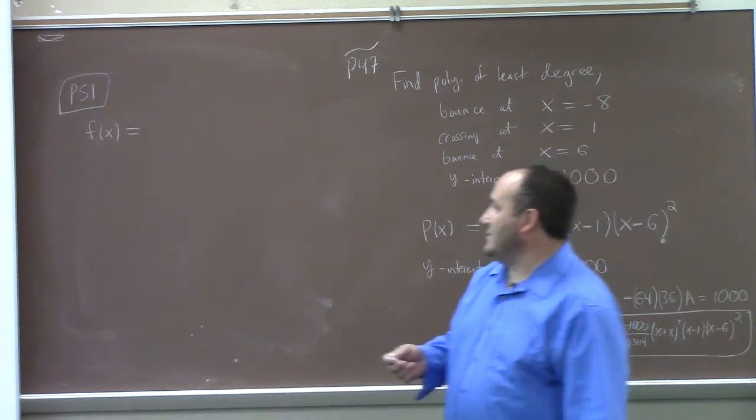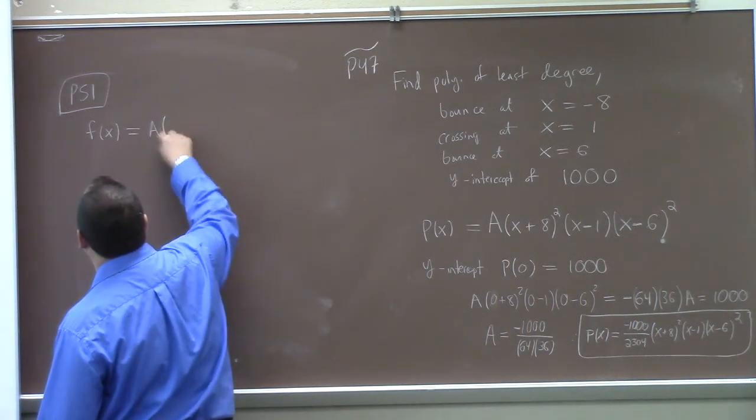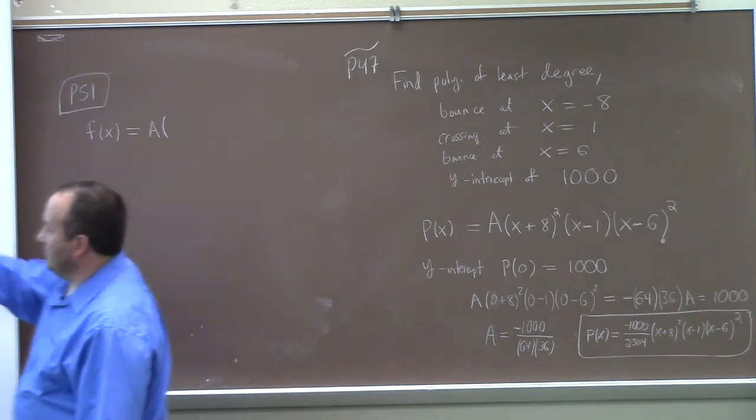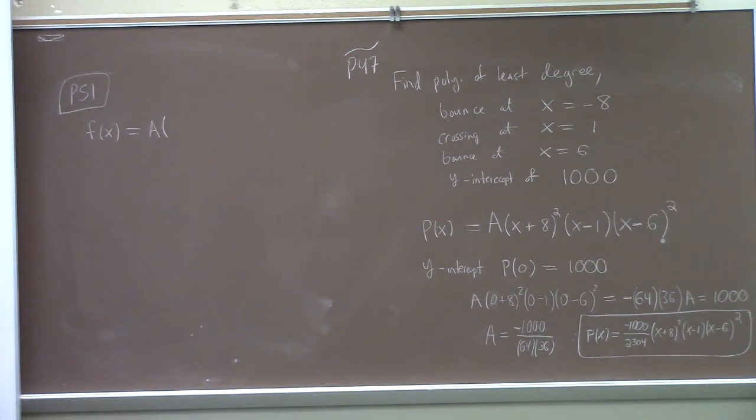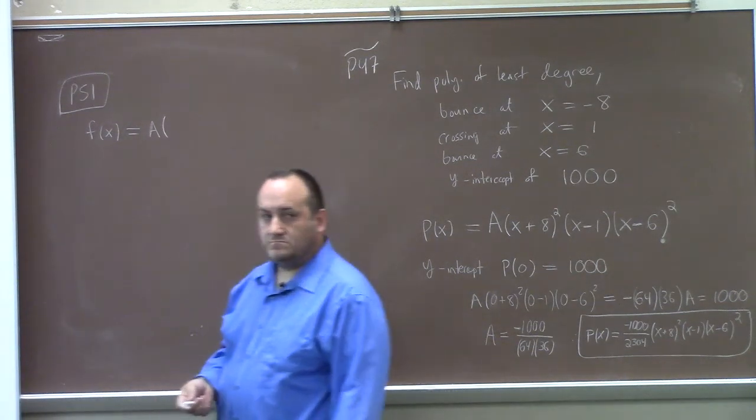You could put an A out front, and can you tell me, it's A times what? If I want zeros of -2, 0, 1, and 3, what do I put? A times what will give me those zeros?